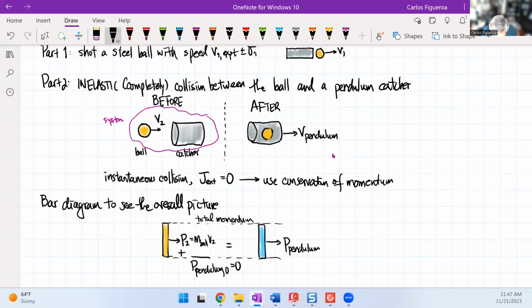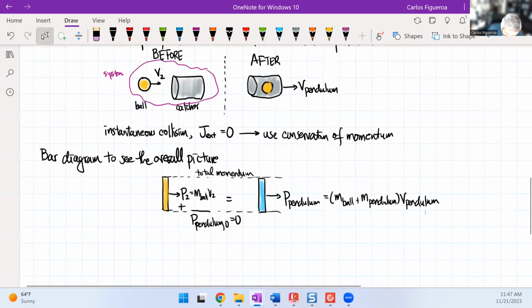And what you're going to see here is that if I look at the momentum of the ball, it's associated with the velocity V2. And if I look at the pendulum of the system, remember, this is going to be the mass of the ball plus the mass of the pendulum. And it's going to move off with some speed that I call V pendulum.